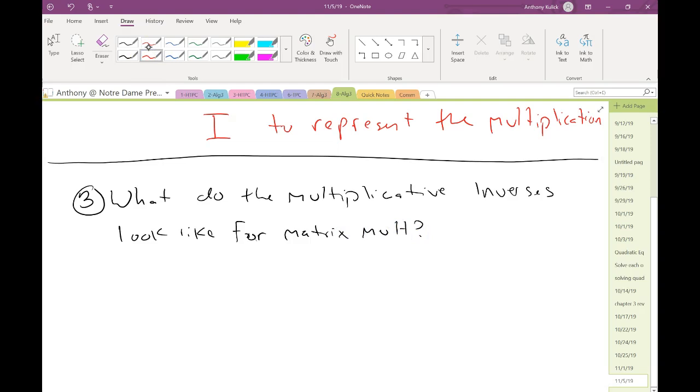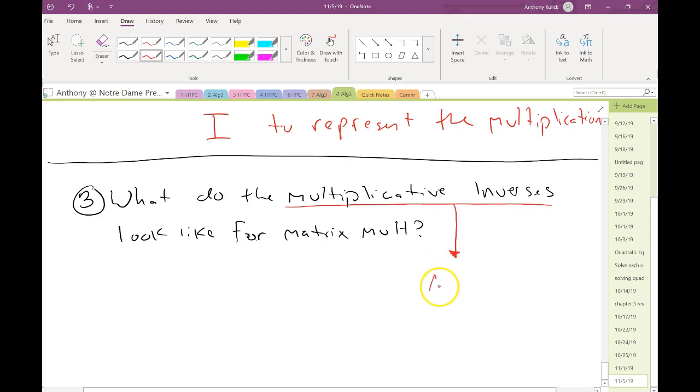So the next question we're going to ask, and this will be the last one that we can talk about today, and we will not finish talking about this one even today, which is fine. We'll just pick up next time, is asking, what do these multiplicative inverses look like for matrix multiplication?